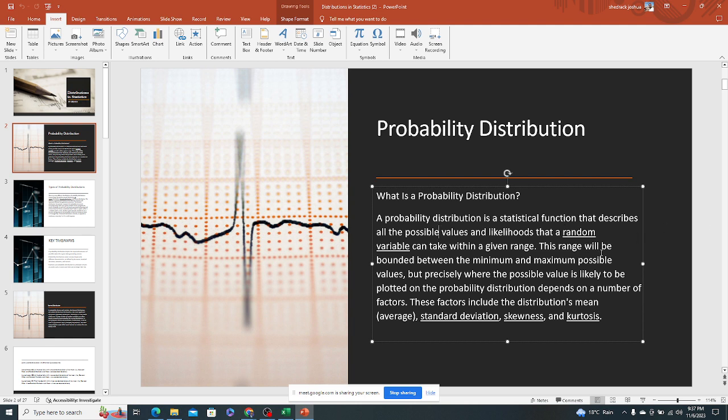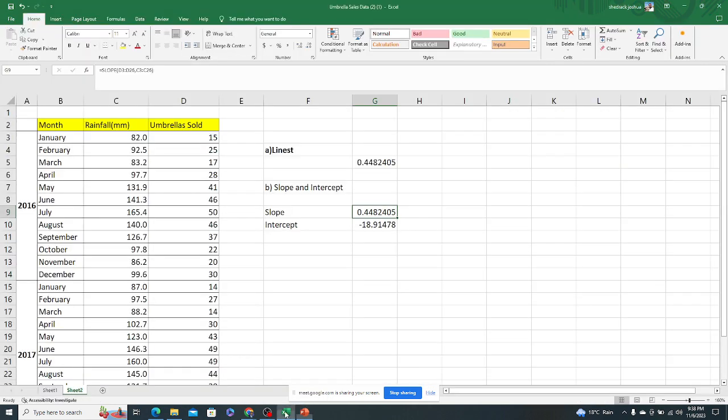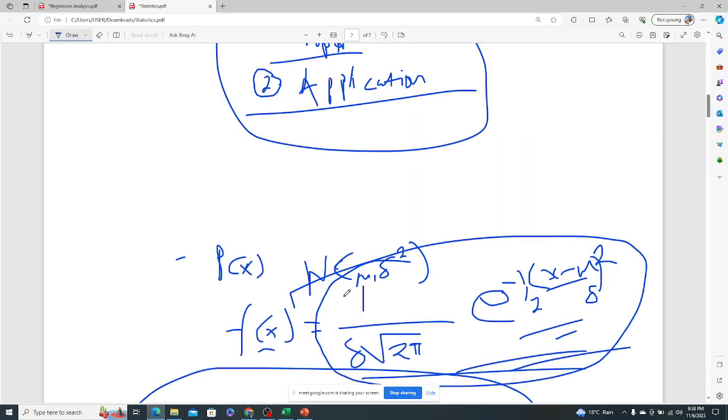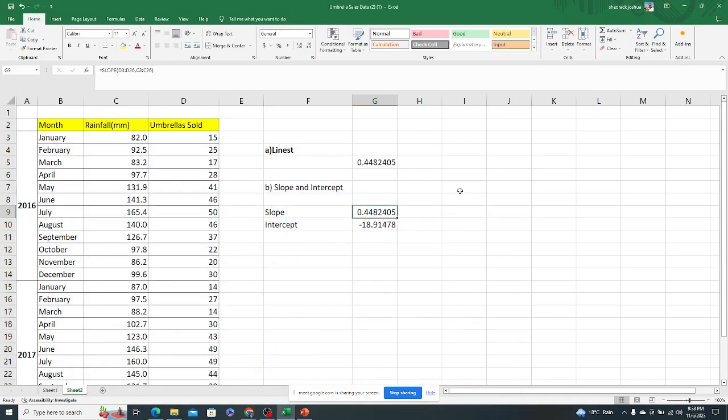This range is bounded by the minimum and maximum possible value. For example, for the normal distribution, that's why we usually use integration, so we can get any value between 0 and 1.